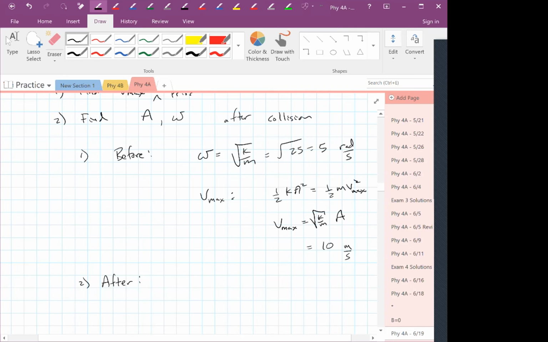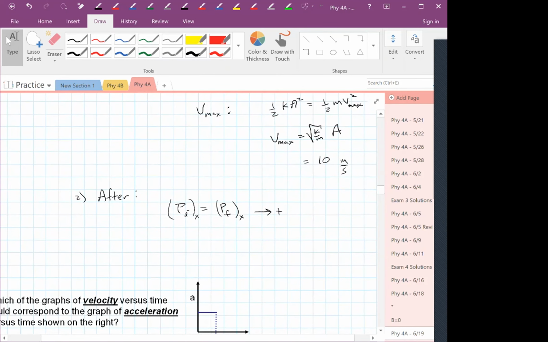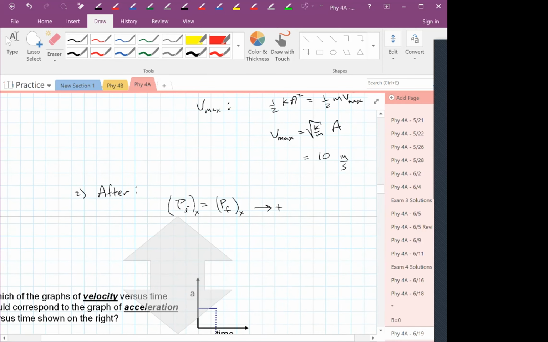What's going on after the collision? It's a collision. So let's use momentum to figure out the speed after the collision. And all we care about here is the x direction. Because in the y direction, what happens?